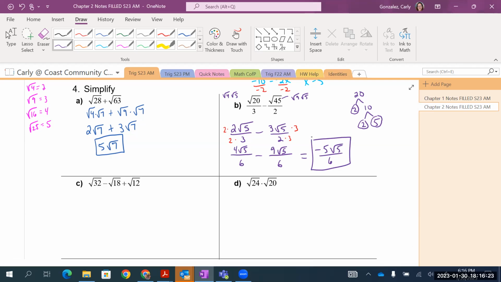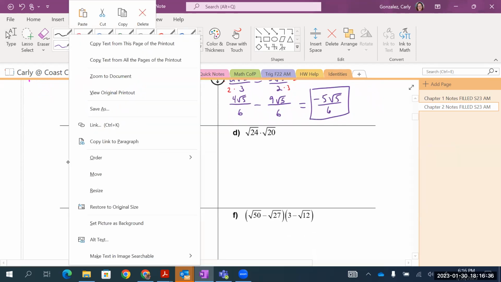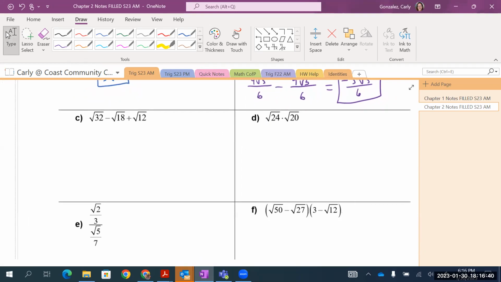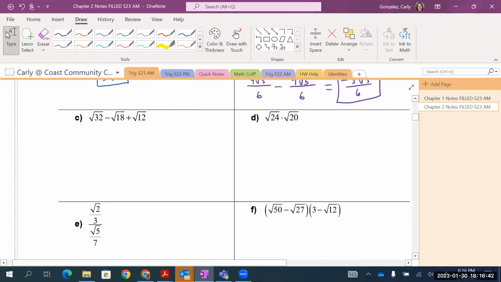All right, so one more where we have some simplifying. Now, rad 32 can be a little tricky when you're simplifying square roots. So I will go ahead and show a couple different methods.